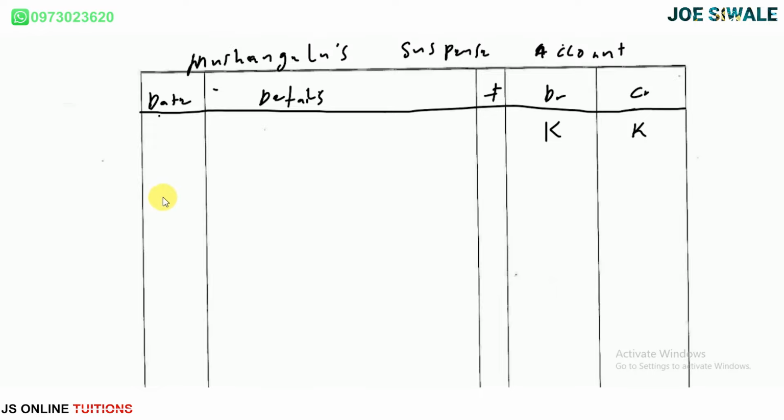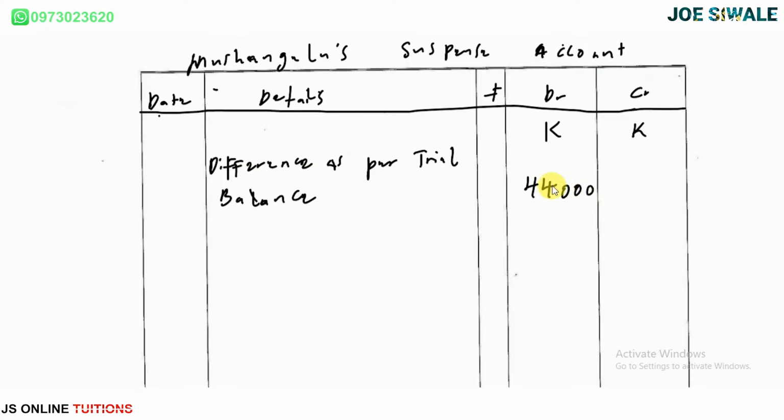So in our details there, we can say difference as per trial balance. The difference as per trial balance was 44,000 kwacha, and this is supposed to be shown on the debit side.